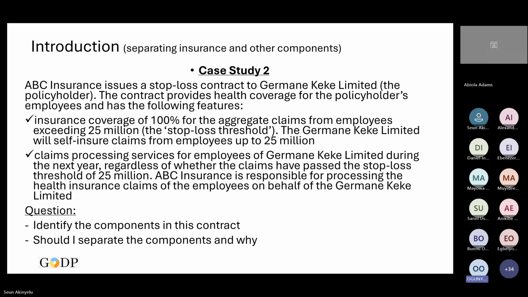Thank you very much, sir. I just want to try. Number one, I think this is two questions for case study 2. The first one stated that the insurance coverage of 100% for aggregate claims from the employee exceeding 25 million, the stop loss threshold, and Germain Keke Limited will self-insure claims from the employee up to 25 million.